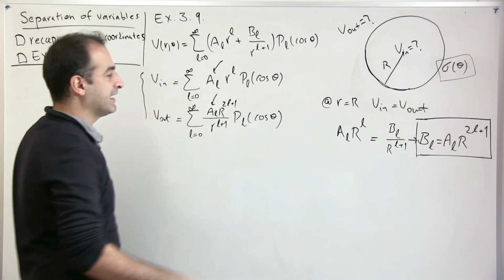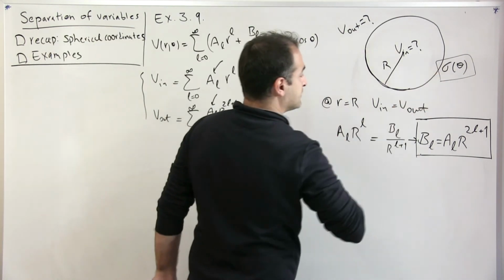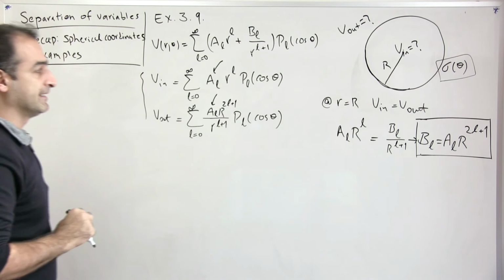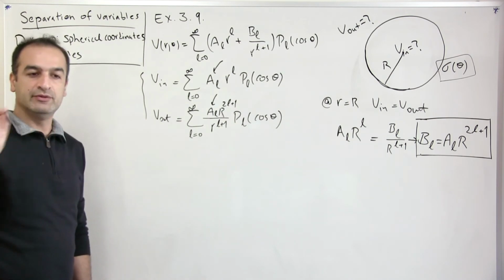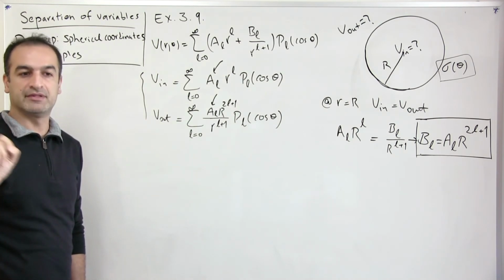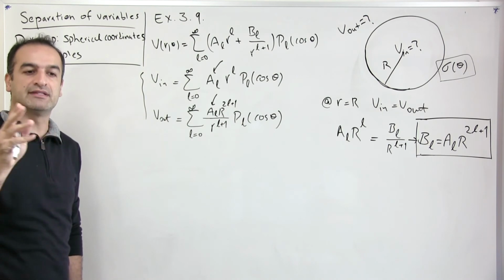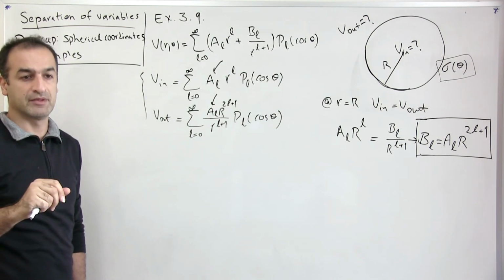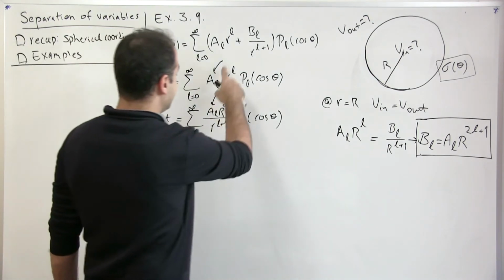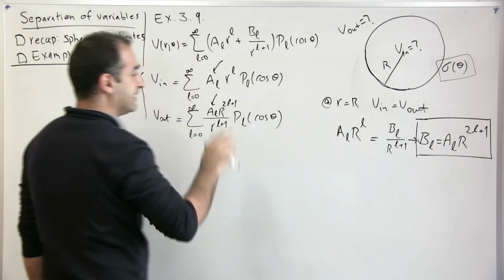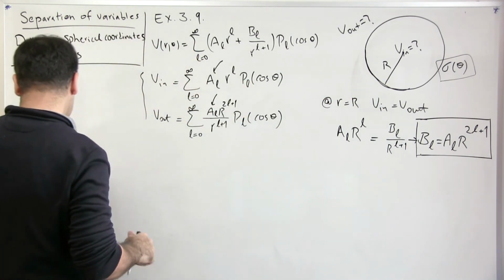Since we have this surface charge density, we should have a discontinuity in the derivative of the potential, or in other words, a discontinuity in the electric field. So we should find the A_L values such that they reflect that discontinuity as well.